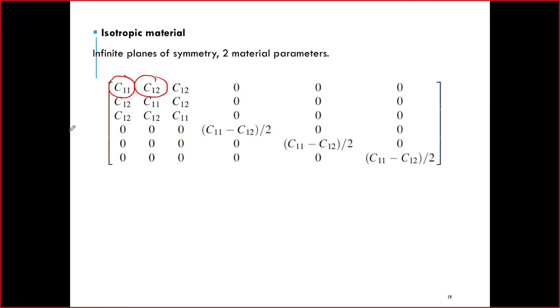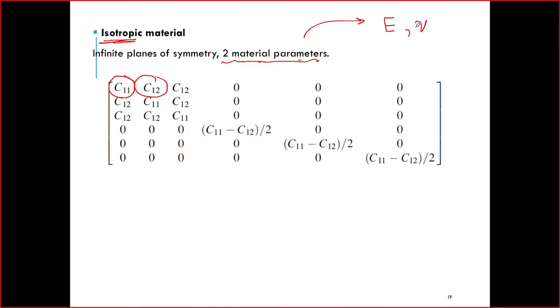Now I think you guys may be able to identify these 2 material parameters as something else as well, which is that for the isotropic material, this is the one we see a lot in undergraduate. I think you guys recall that we always need to define its Young's modulus and its Poisson's ratio.